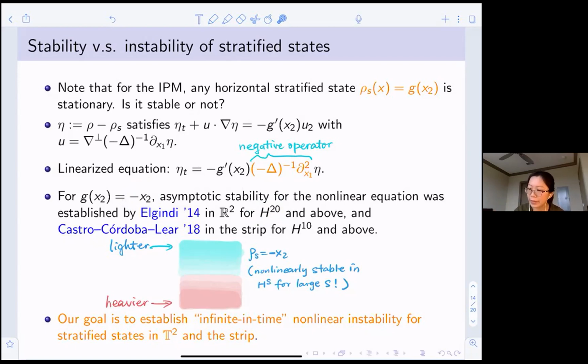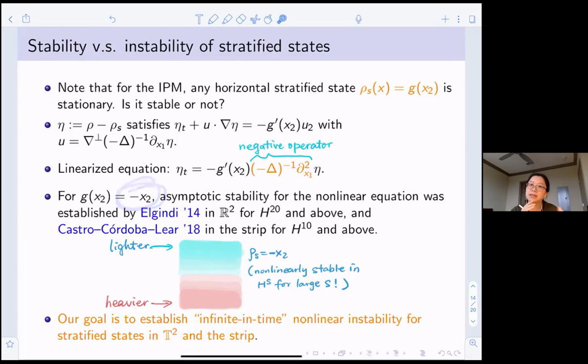rate. And then similarly, Castro, Cordoba and Lear deal with the case in the strip. They show that, again, for this steady state with lighter density on top and heavier on the bottom, if the perturbation is small in H10 or above, then as time goes to infinity, it exists globally in time and will converge to another stratified state.